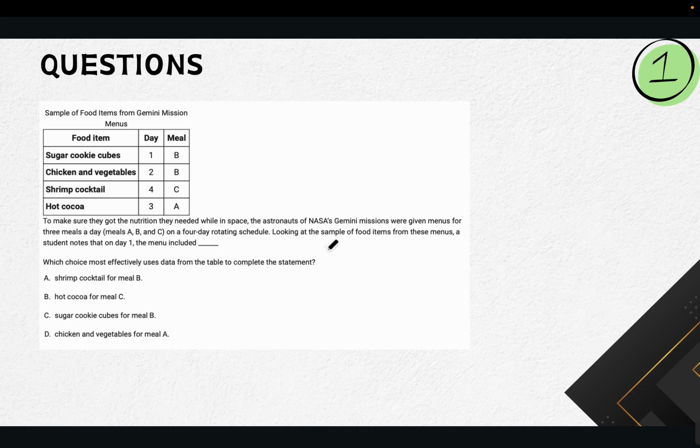As I said, we're going to be reading the last sentence. Looking at the sample of food items from these menus, a student notes that on day one the menu included sugar cookie cubes for meal B. How did I understand this? We look at days and we see day one, sugar cookie cubes, meal B.